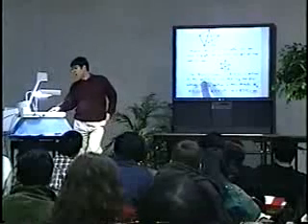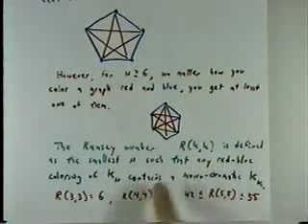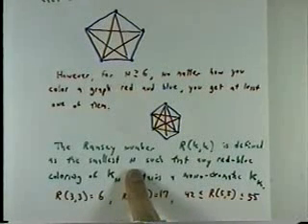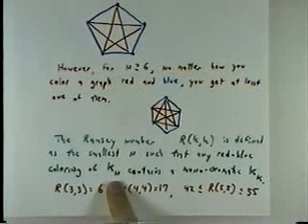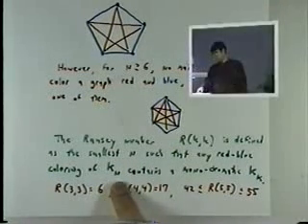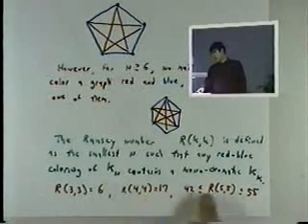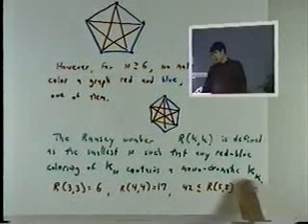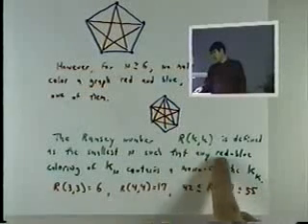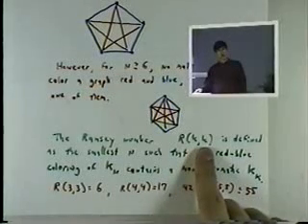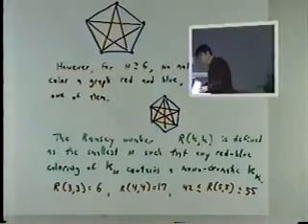So what is this called? Well, in general, we'll define the Ramsey number R(K) as the smallest number of people you need such that in any friendship graph on that many people, you have to have a monochromatic complete graph of K. A triangle is a complete graph of 3 things, right?